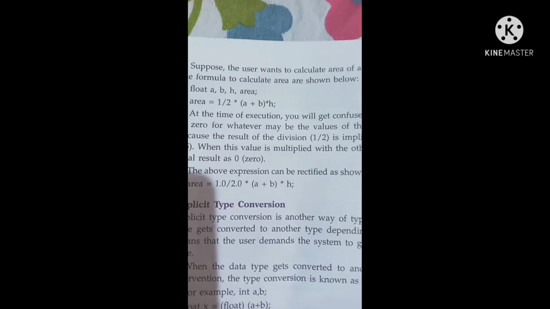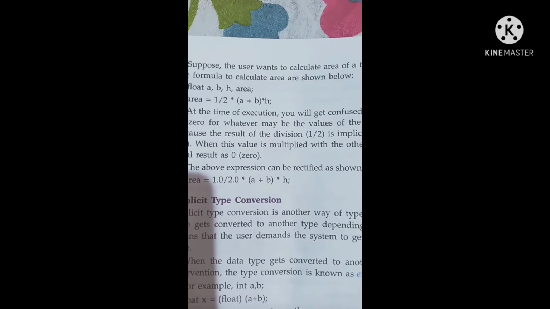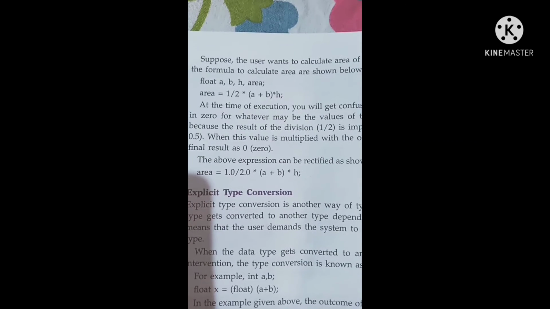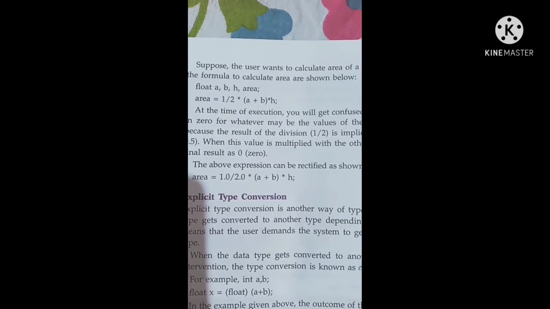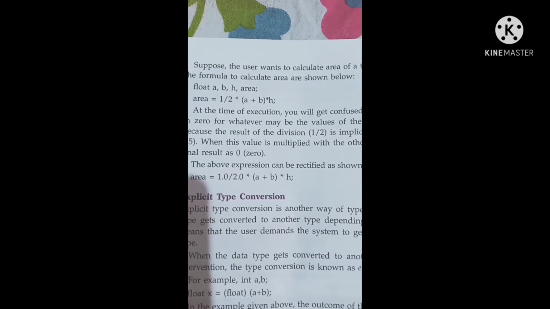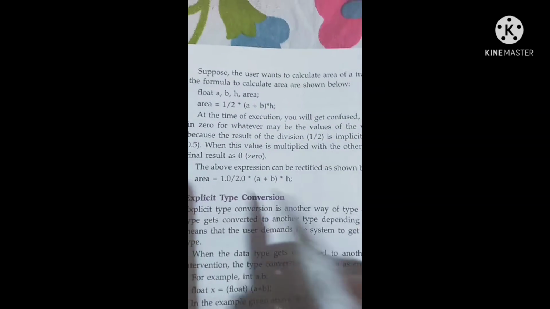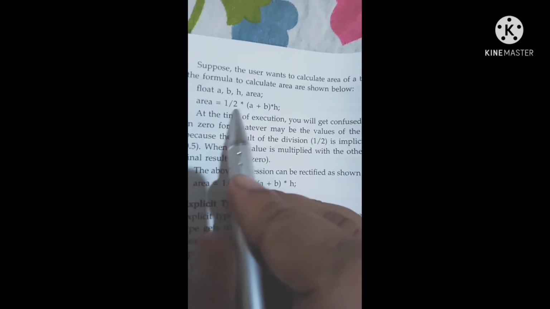And here 1 by 2 will come 0. Why? Because the value is taken in integer. Actually 0.0 is not written, the value is not taken in float. So 1 by 2 will display 0.